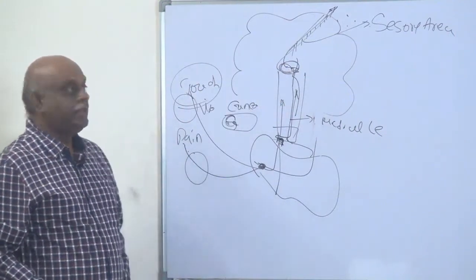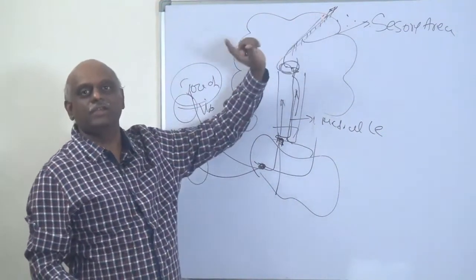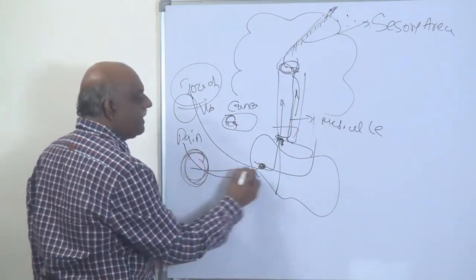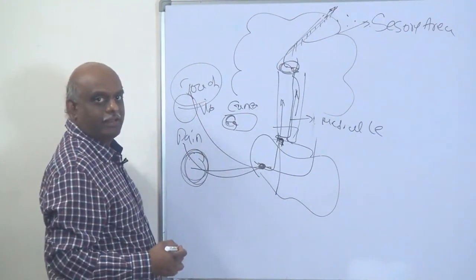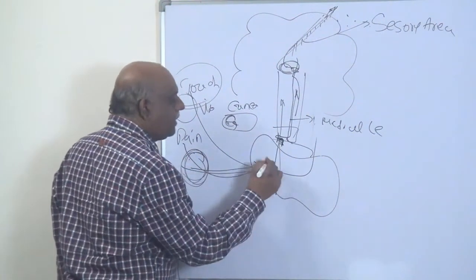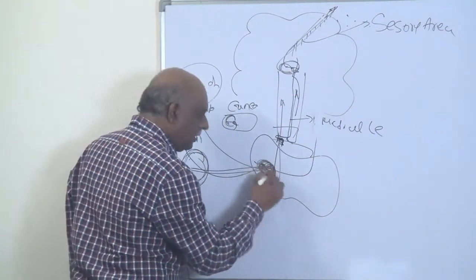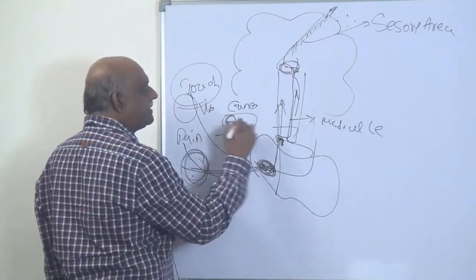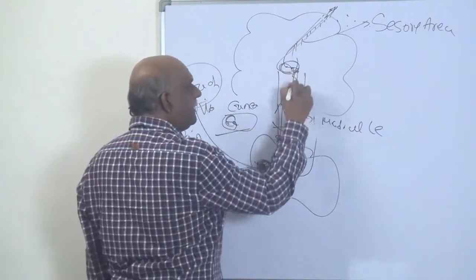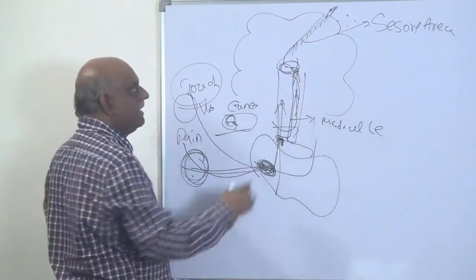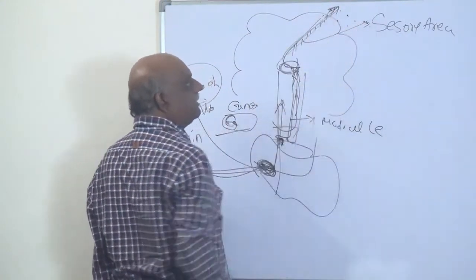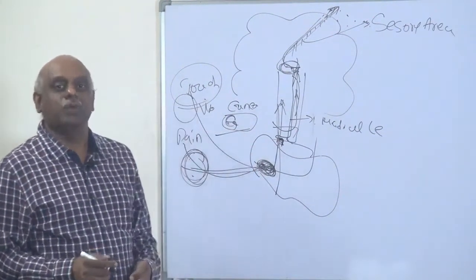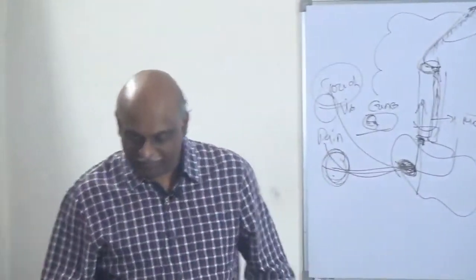That way, this somatosensory area has which order neurons? The first order neurons are between the receptor to spinal cord. From there, they are carried by the cuneate and gracile tracts, and from there they are carried by medial lemniscus. From there, they are carried to reach the sensory area. So this is how the journey is, what you have to ultimately remember.